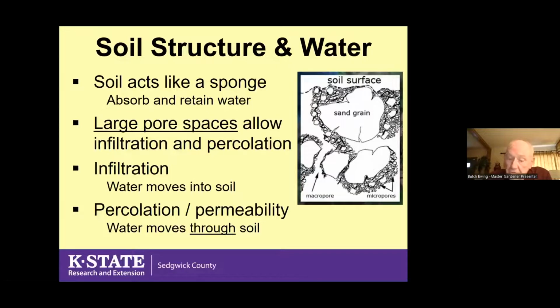So this is the way that we create that healthy soil that we want. We want to have 50% solid matter, 50% pore spaces, and about half of those spaces full of water. And this is how we do it, through the structure of the soil.